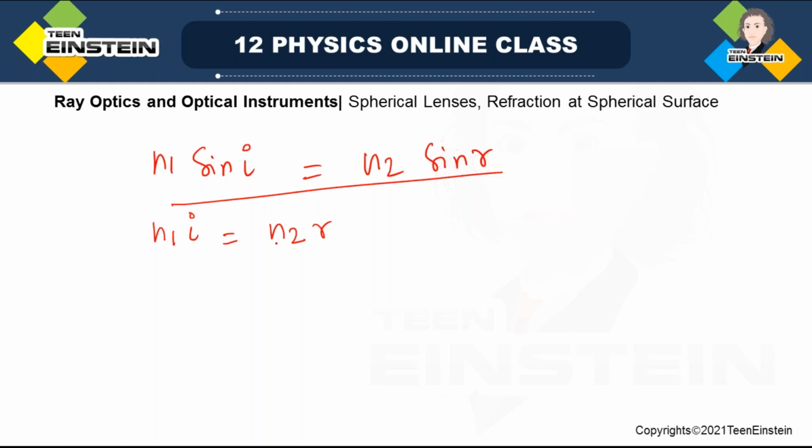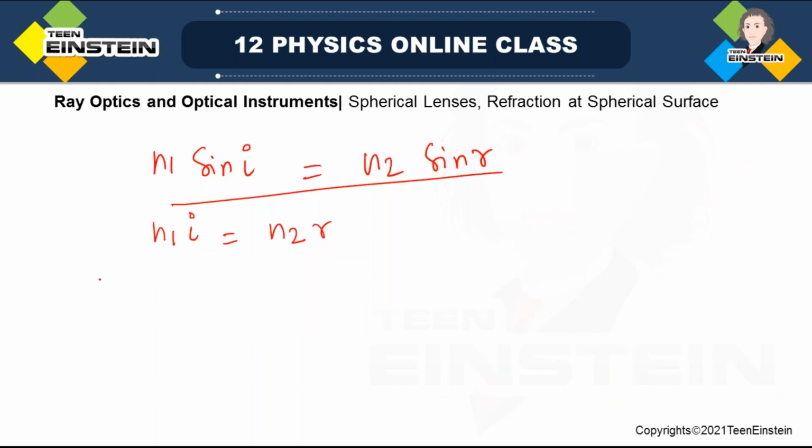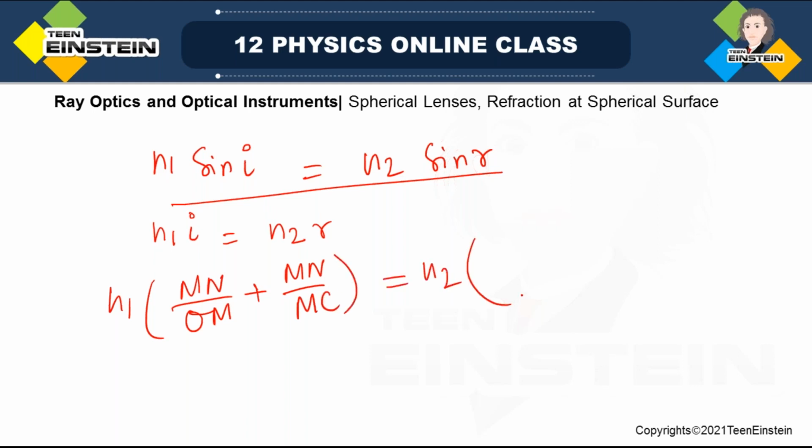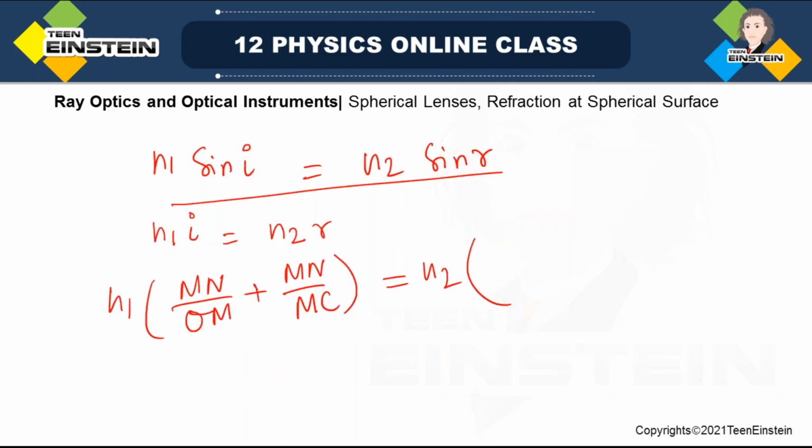N1 and N2 I'll keep as they are, but I can use what R is and what I is. I is MN by OM plus MN by MC. So N1 times MN by OM plus MN by MC. Similarly, N2 into MN by MC minus MN by MI.